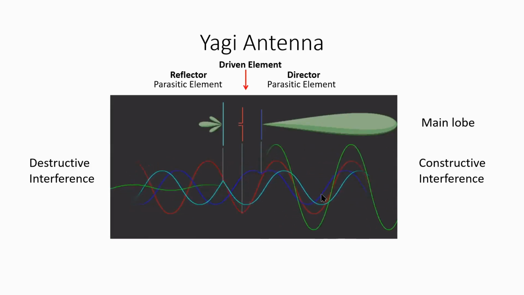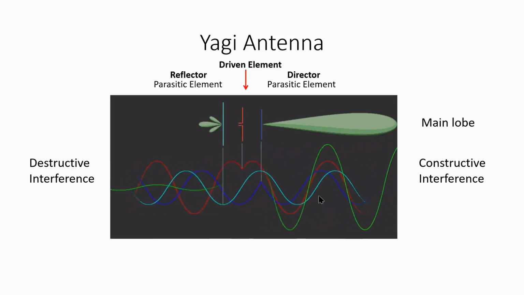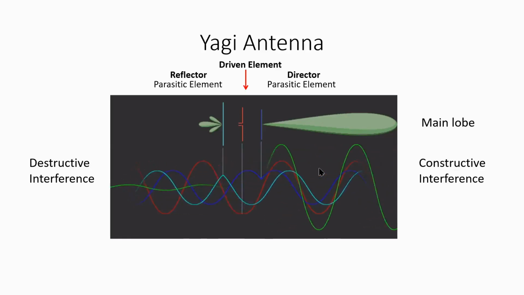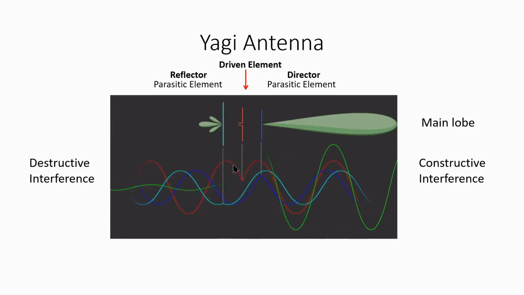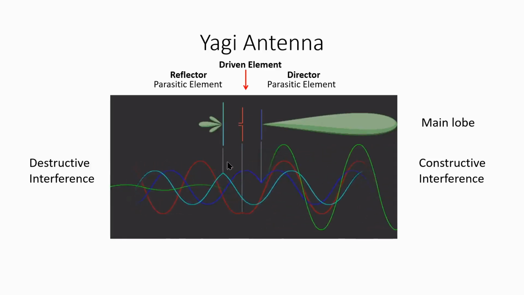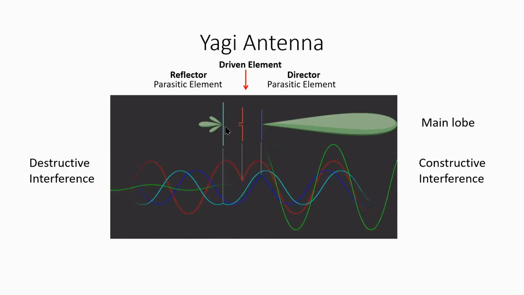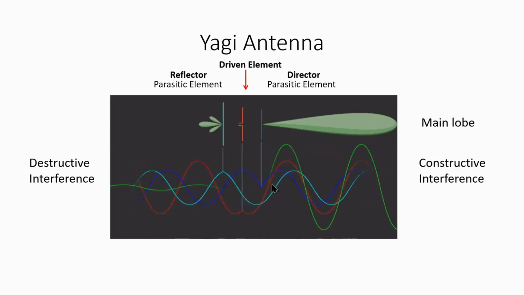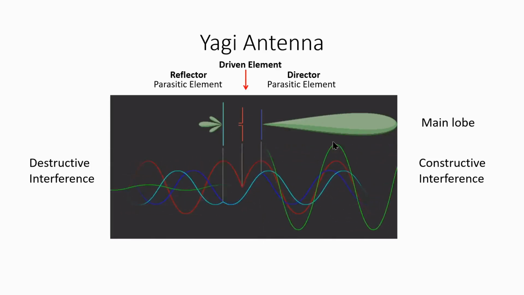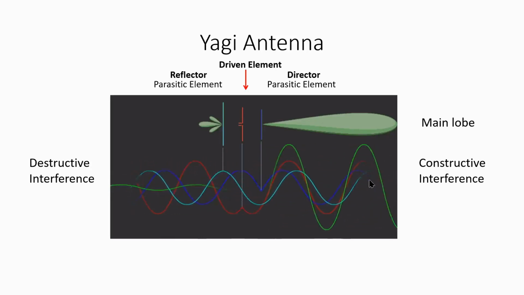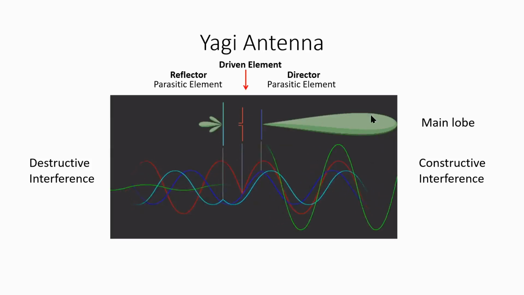This blue line here is the director's contribution to the primary red signal. And as the director's signal goes rearward, the reflective element creates its contribution, the light blue line, and they both join together to make the signal stronger in that direction. This is your main lobe.